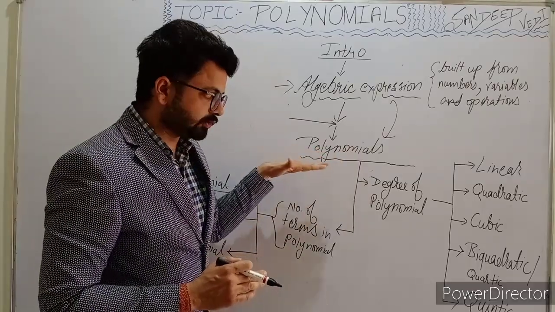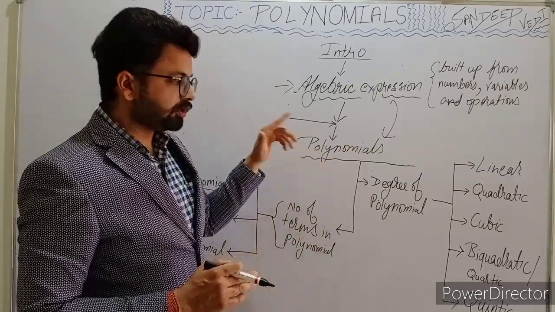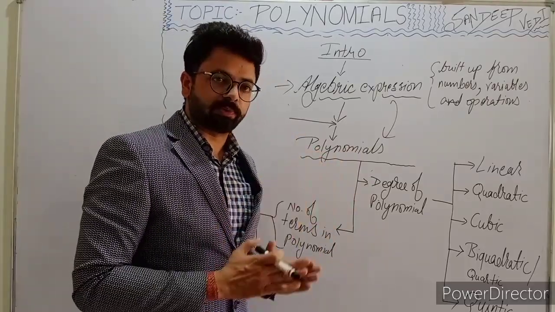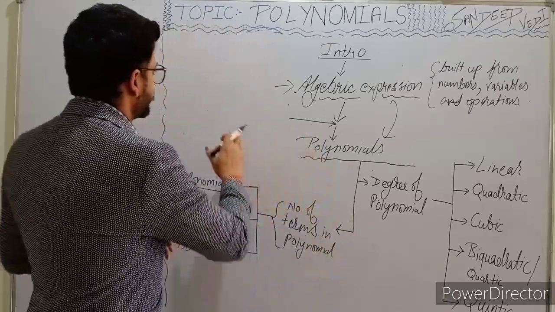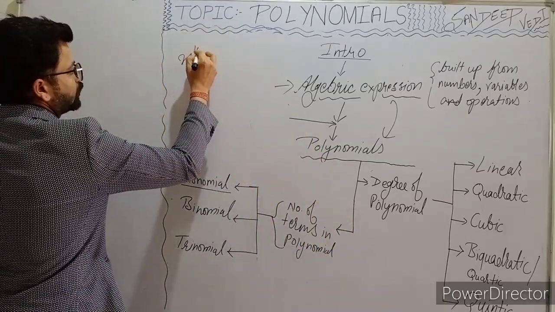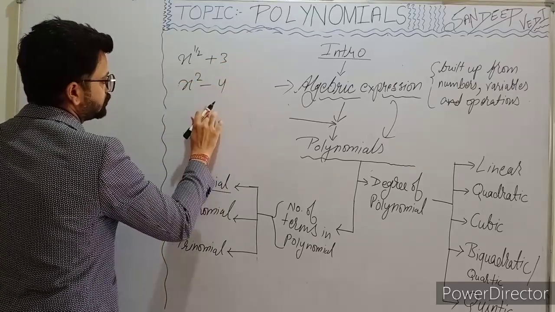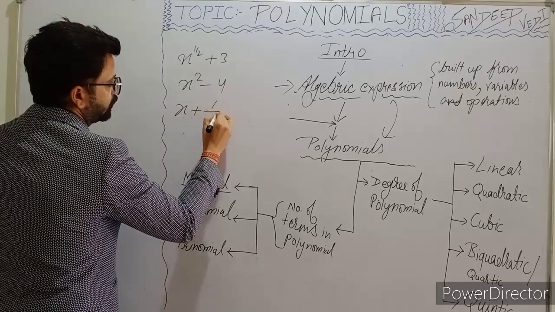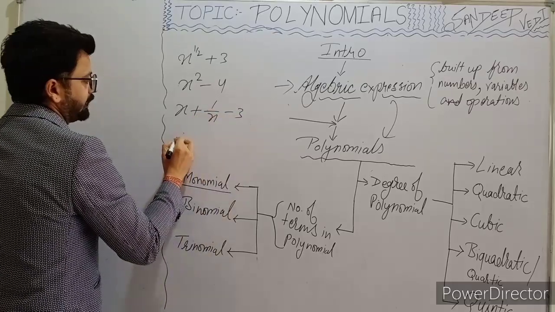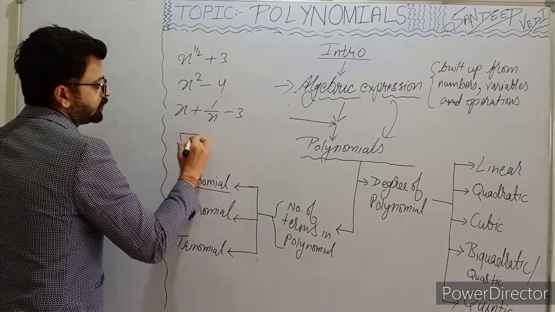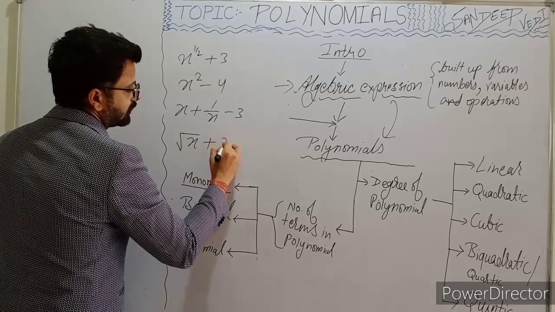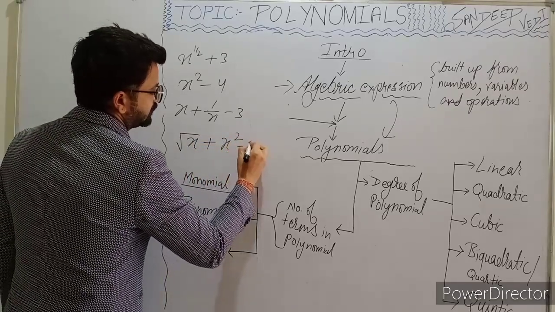Polynomial is also an algebraic expression. But suppose I have written x raised to power 1 upon 2 plus 3 x square minus 4 x plus 1 upon x minus 3 and root x plus x square minus 3.